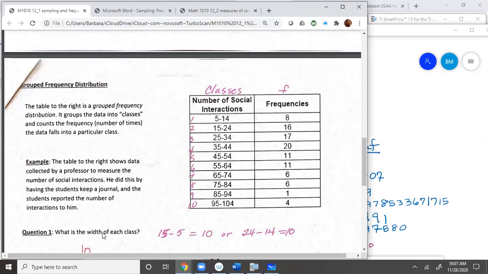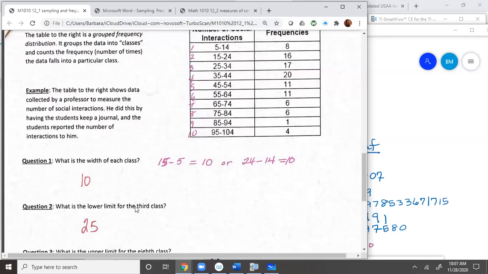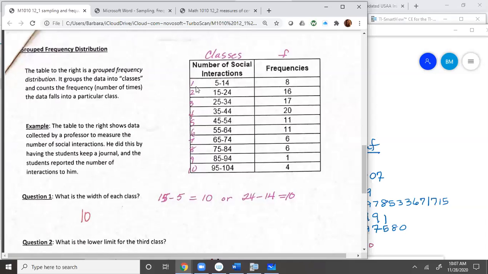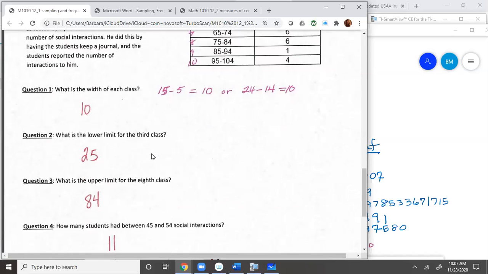So the class width should be the same for any two consecutive classes. So the class width is 10. The lower limit for the third class is 25. The upper limit for the 8th class is 84.